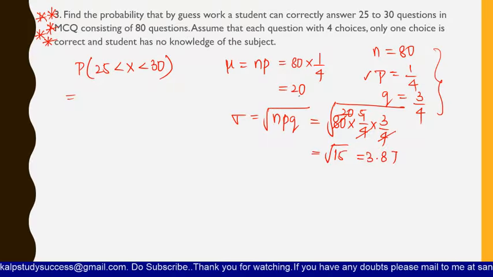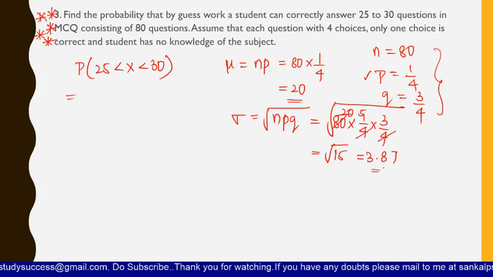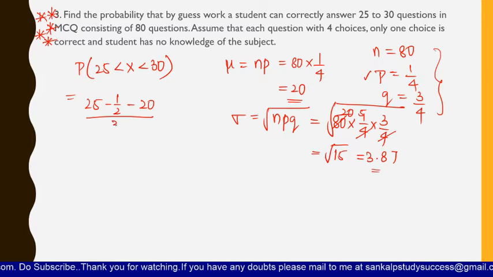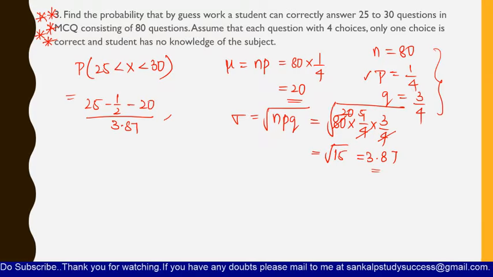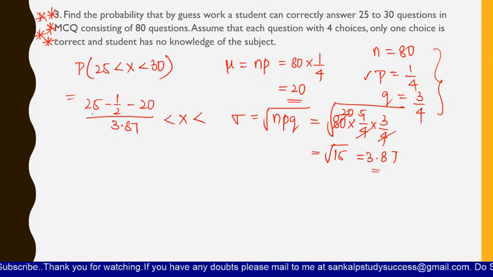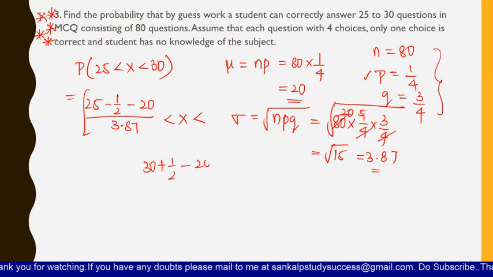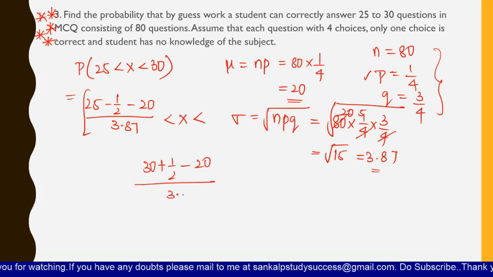So now let's substitute this mu and sigma values in this formula. Sorry, it is not an equation, right? In this formula: 25 minus half minus mu by sigma less than x less than 30 plus half minus 20 by 3.87.